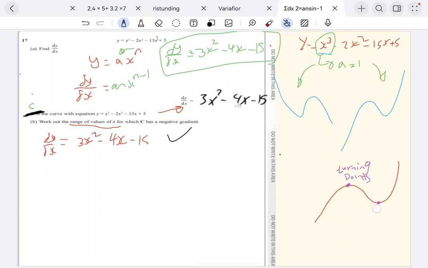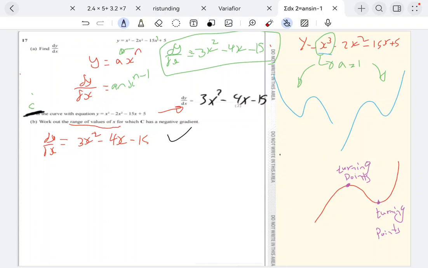Here and here we call them turning points. Why? Because the curve changes from up to down or from down to up. At the maximum point here, it was increasing, then decreasing. At this point here, it was decreasing, then increasing.